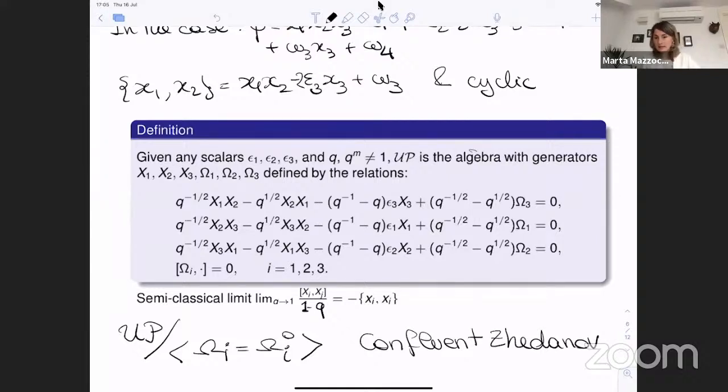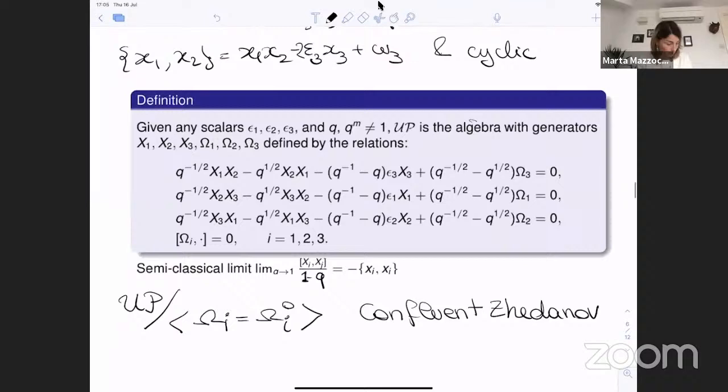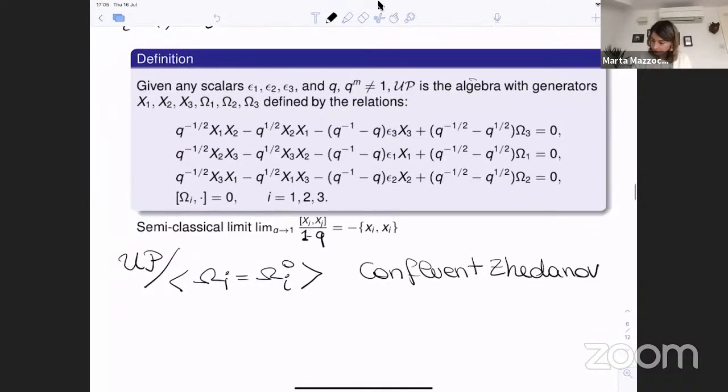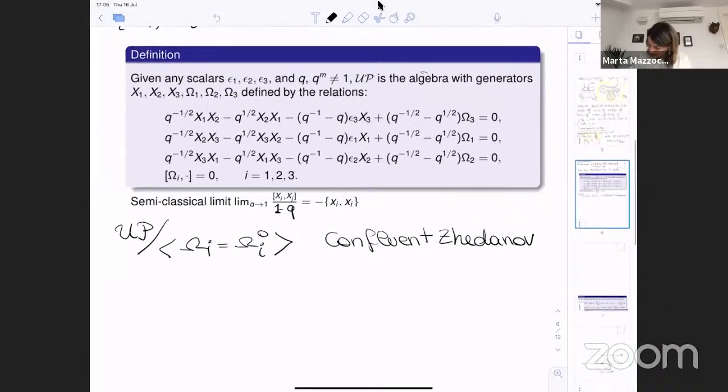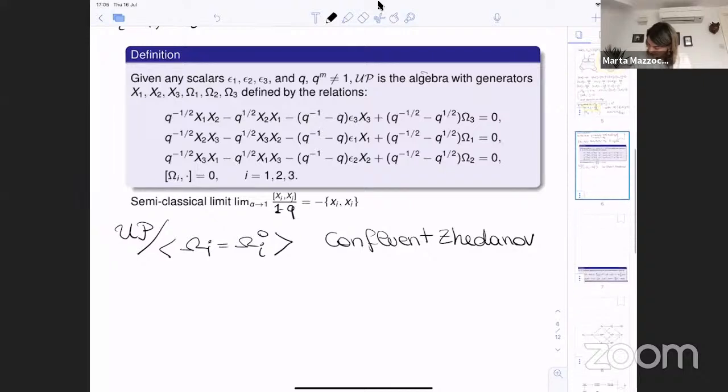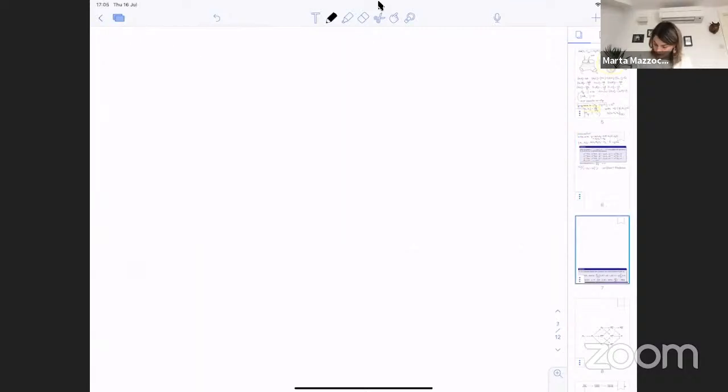It has a central element, and it is Calabi-Yau, which is, in a sense, the quantum version of being unimodular. So let me show you, I have the theorem here.